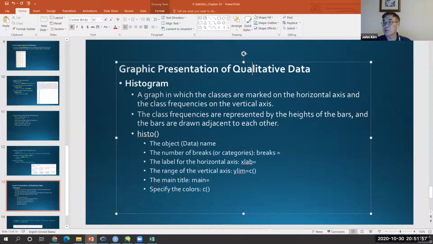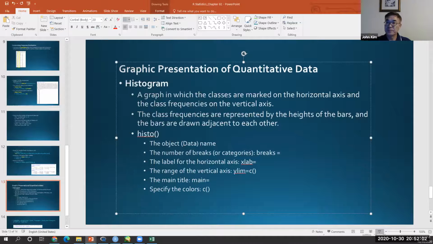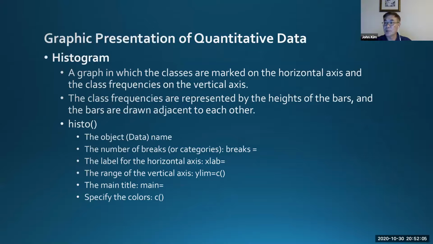Quantitative data produce histogram. Histogram is similar to bar charts, but using the hist function. The same object name, which data will use, and then the number of breaks, how many categories, and then the label, range, and so on.